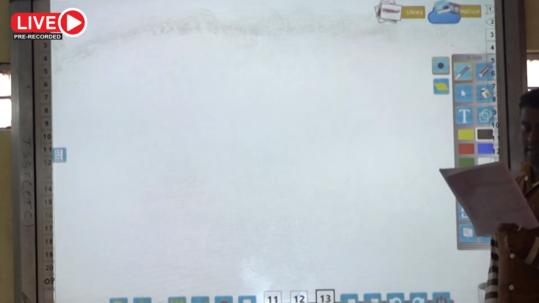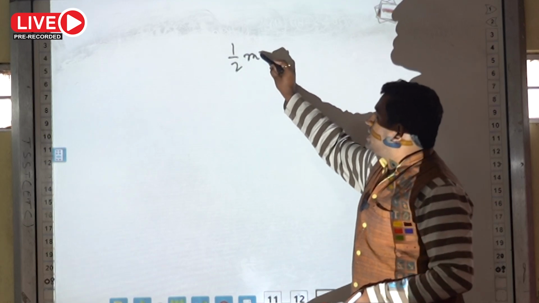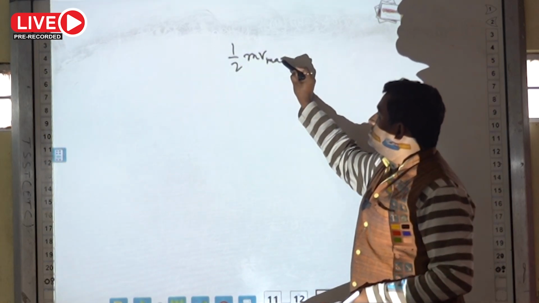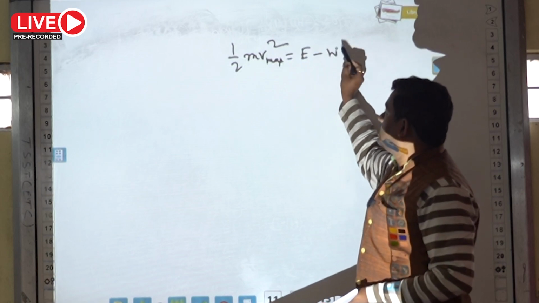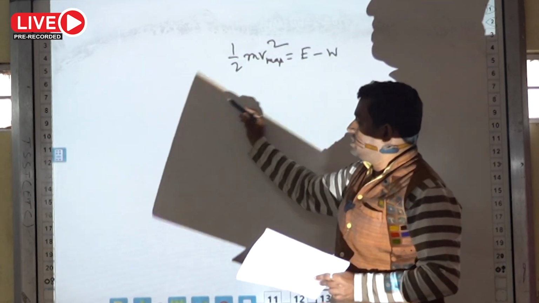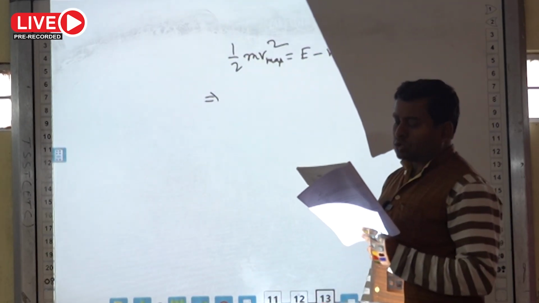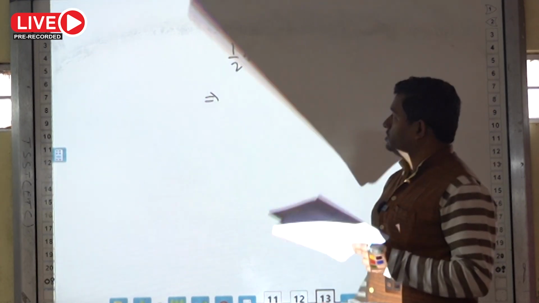First we use this relation, half m v max square equal to E minus work function. Photons with energy 5 electron volts are incident on a cathode.